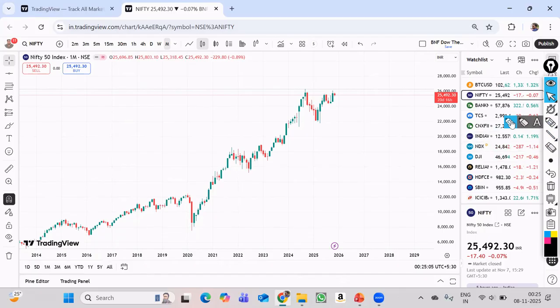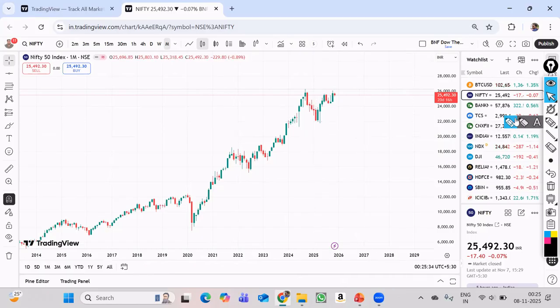So the first thing is we are on a monthly chart of Nifty, and throughout this video, I'm going to discuss mainly Nifty because I'm trading currently only Nifty, and on the expiries I trade Sensex too, but we'll focus more on Nifty because it becomes easier for everyone to understand, and also if you have any questions, it becomes easier to discuss among ourselves.